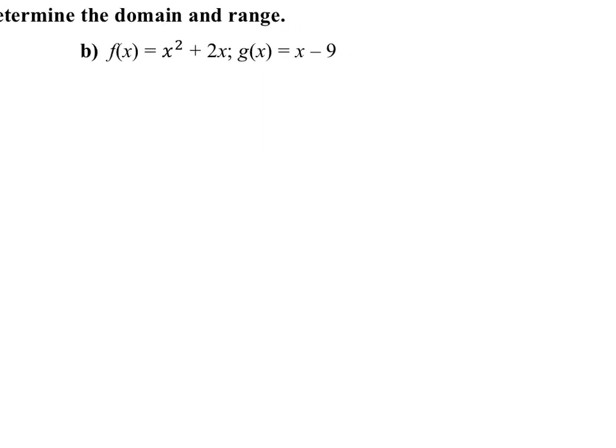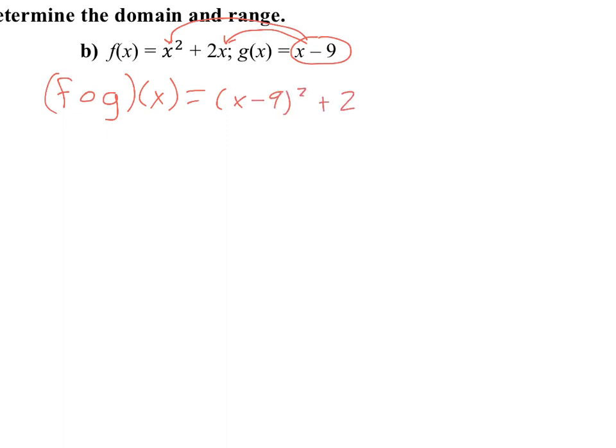Okay, so let's begin part B by finding f compose g of x. That's where you take g and plug it in for x in the f equation. So this is going to be x minus 9 squared plus 2 times x minus 9.